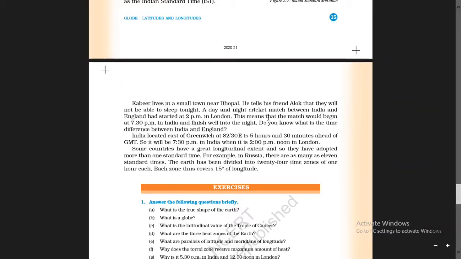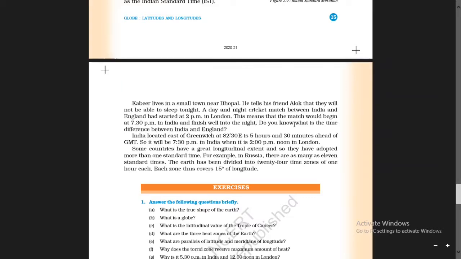This means that the match would begin at 7:30 p.m. in India. So when it is 7:30 p.m. in India, at that time the match will start and finish well into the night.